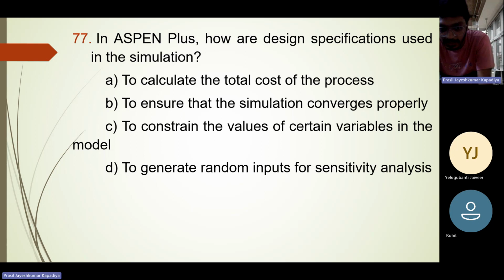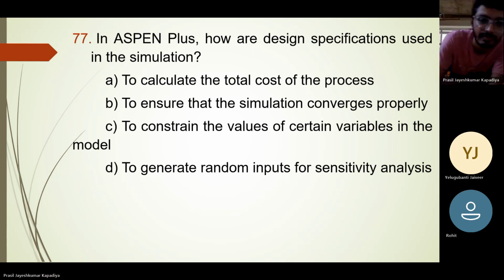That is the constraint, purity of 0.98. We solve the problem and give some value, so we are constraining the values of certain variables in the model.